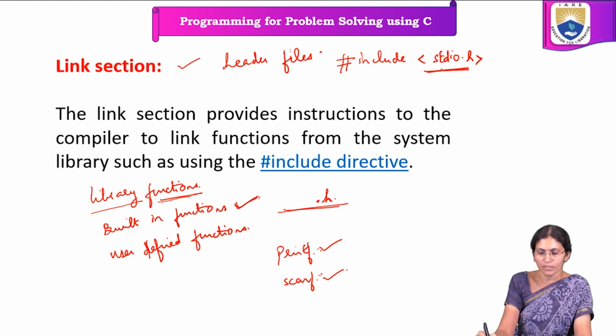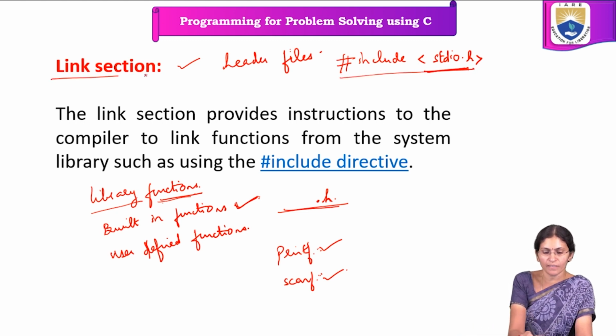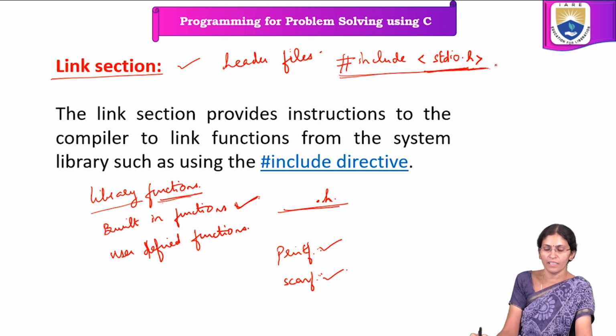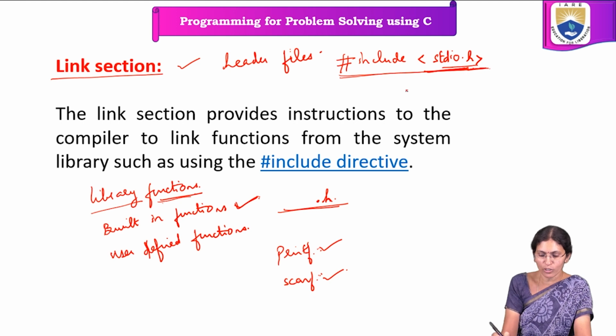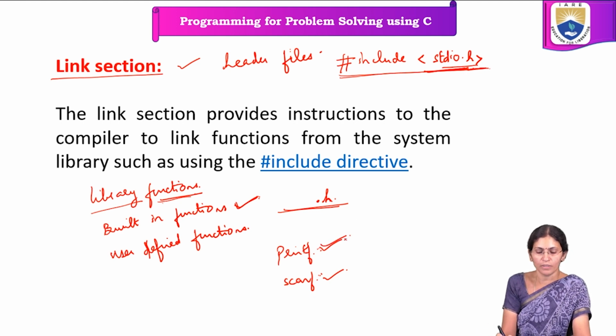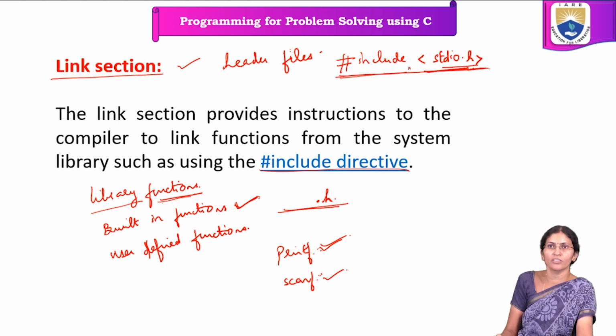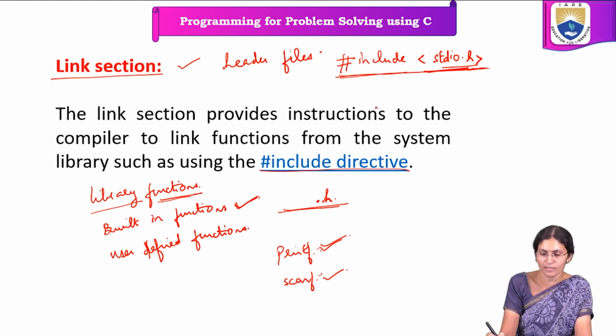Therefore, when we include this header file in the linking section, whatever is defined in this header file will be automatically added in the program. The linking section provides instructions to the compiler to link functions from the system library using the #include directive.